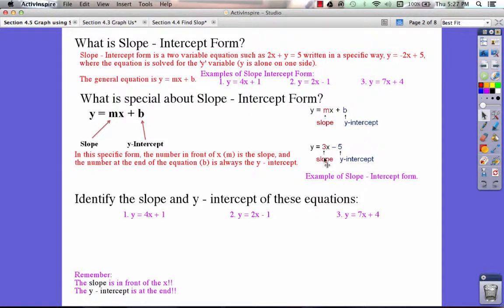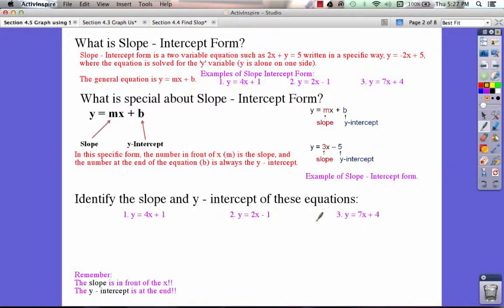So 3 is the slope, which means rising 3 and running 1. And our y-intercept is negative 5, so it's going to start us at negative 5 on the y-axis. And 3 is going to tell us how far up and how far over we're going to go on that line.